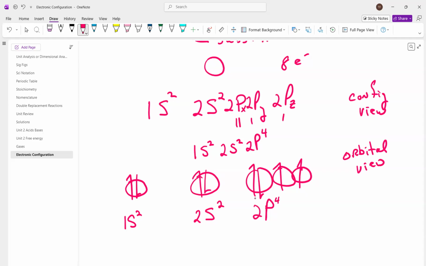The first shell starts with 1. Within the first shell, there is 1 subshell, that's the S. In other words, 1 orbital, S.